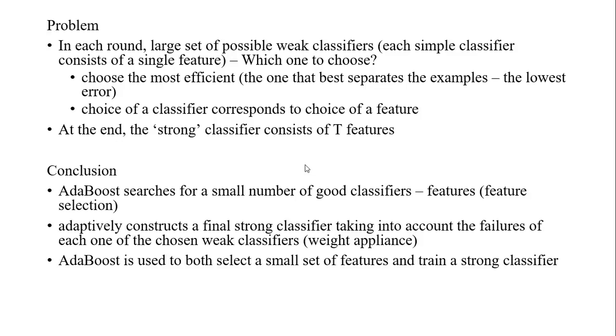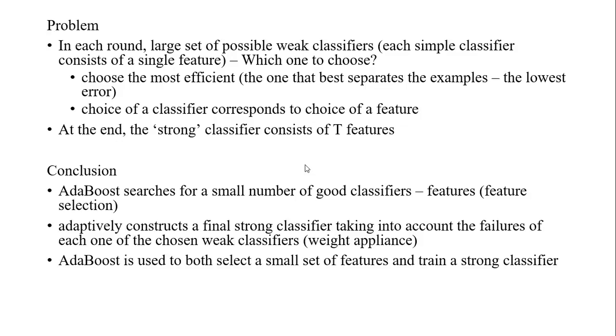This causes an issue because we need to know which classifier to choose so that the final image can be easily identified and we do not get a false representation of the image being supplied to us. This is done by choosing the most efficient classifier, that is, the one that best separates the examples. In short, the classifier that has the lowest error.